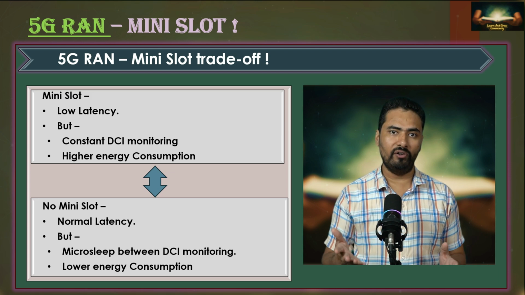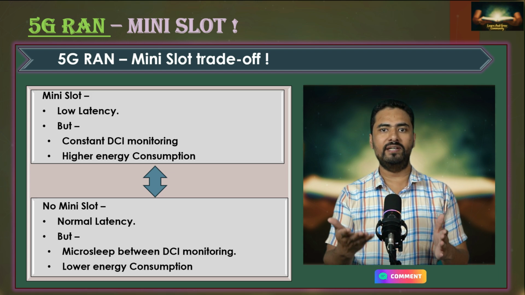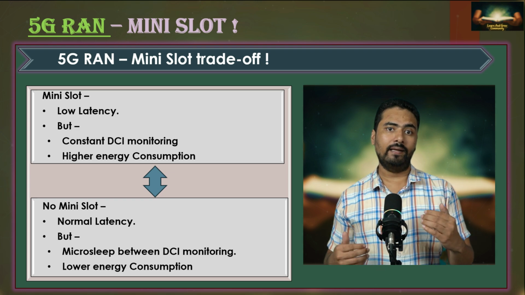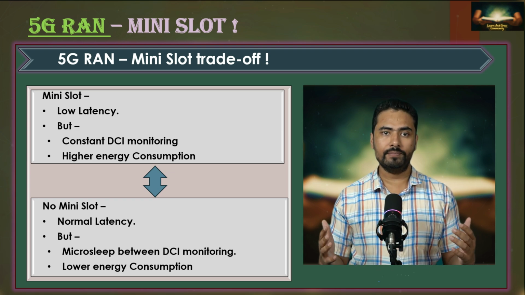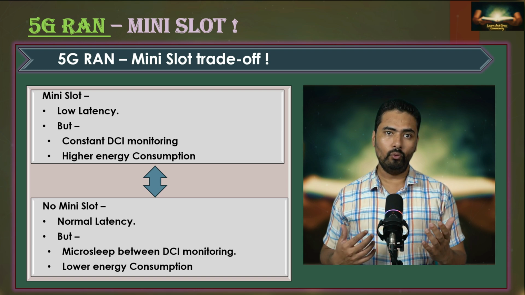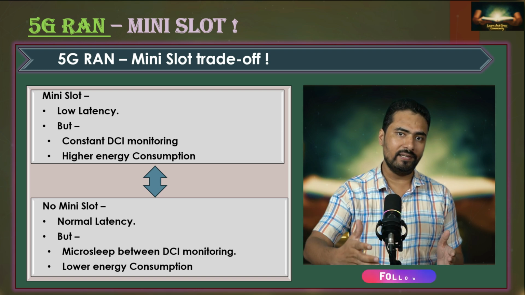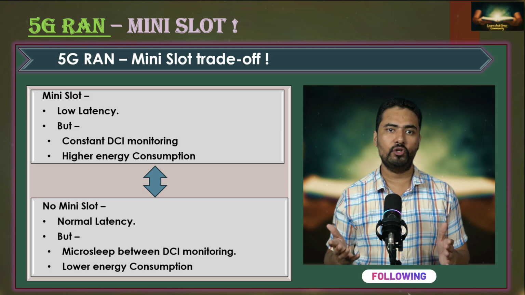So we have a trade-off here, because low latency devices have to constantly monitor the DCI channel and hence they cannot sleep between the slot boundaries, and this increases the power consumption. Therefore, it's essential to understand the trade-off between achieving low latency and maintaining power efficiency.